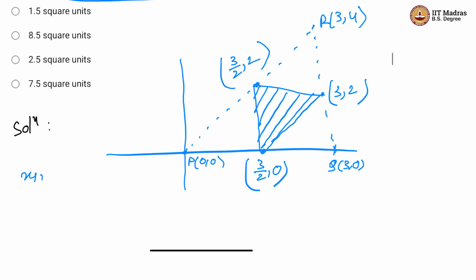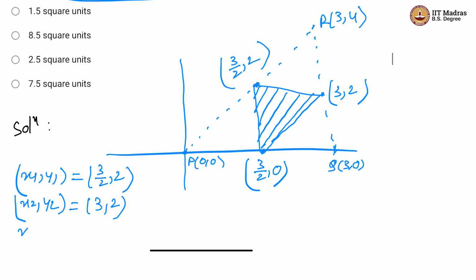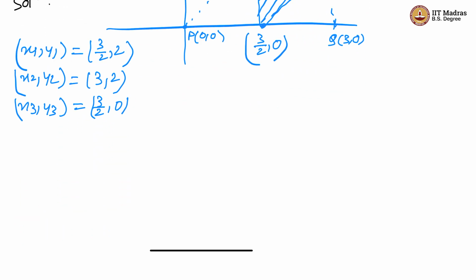So our (x1, y1) is (3/2, 2). (x2, y2) is (3, 2), and (x3, y3) is (3/2, 0), right? We need to find the value of the area of the triangle.